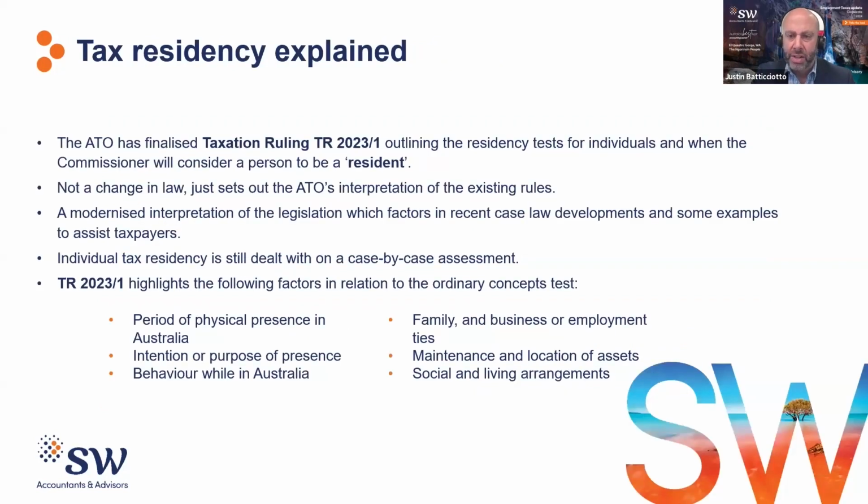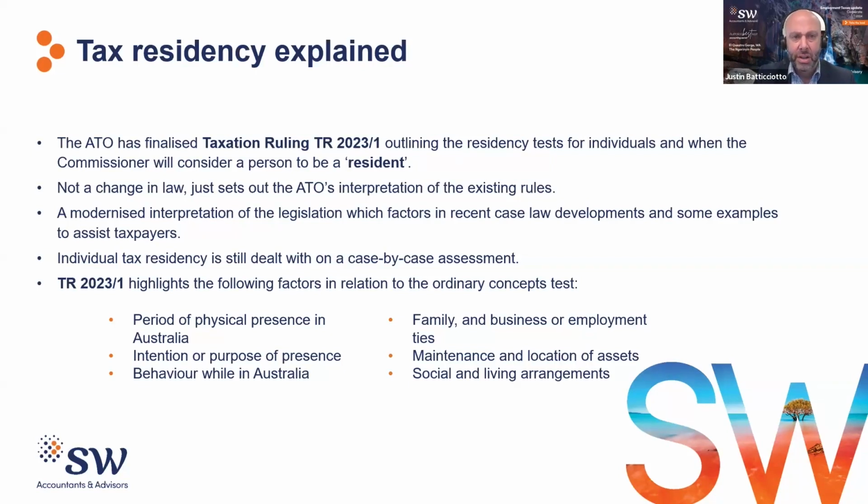Now, why is residency and source of income becoming more and more important? Many people would appreciate that there has been a large increase in remote flexible working arrangements, as well as changes in international working arrangements, particularly post-COVID. And the question of tax residency has become increasingly relevant and contentious.